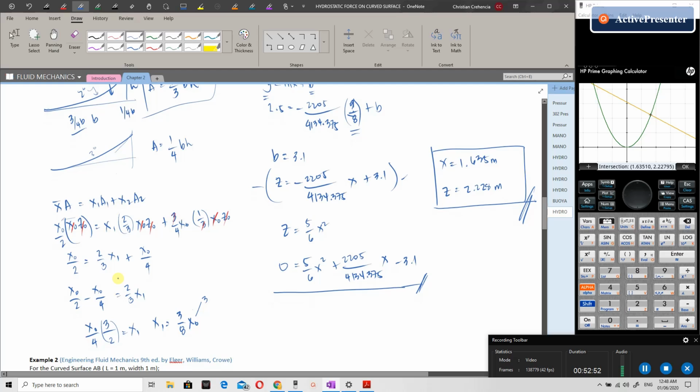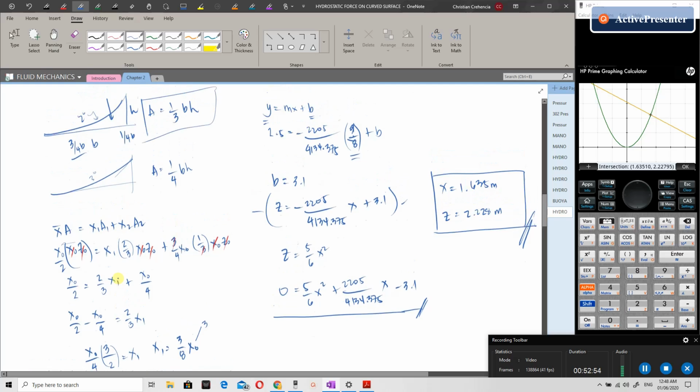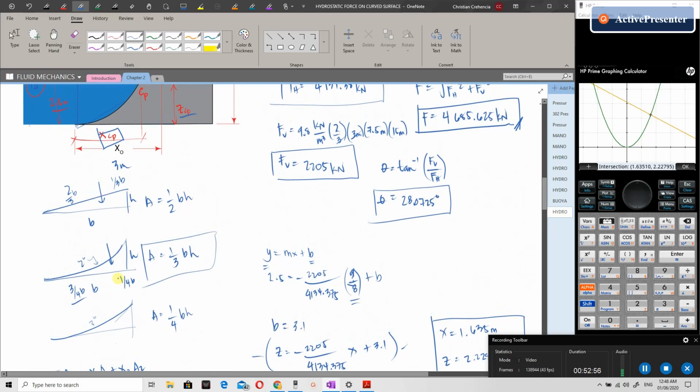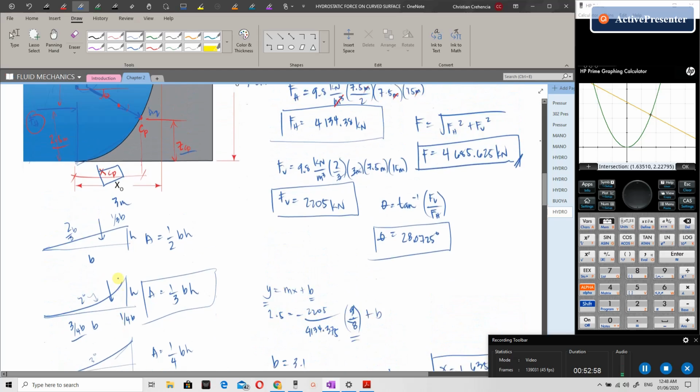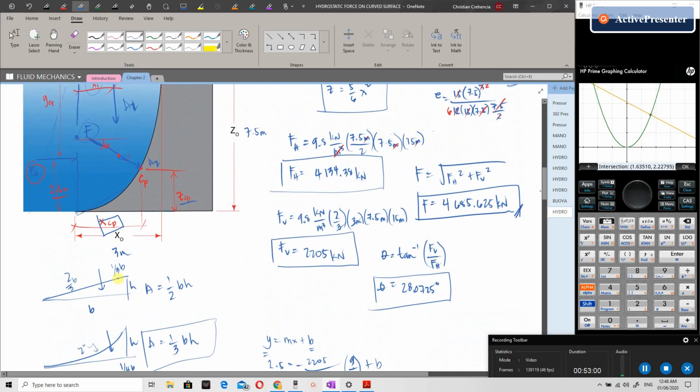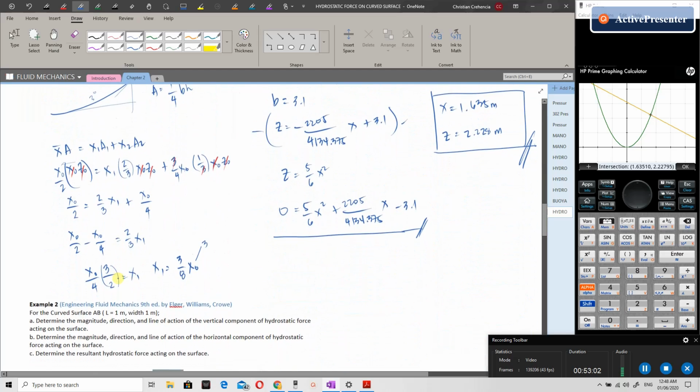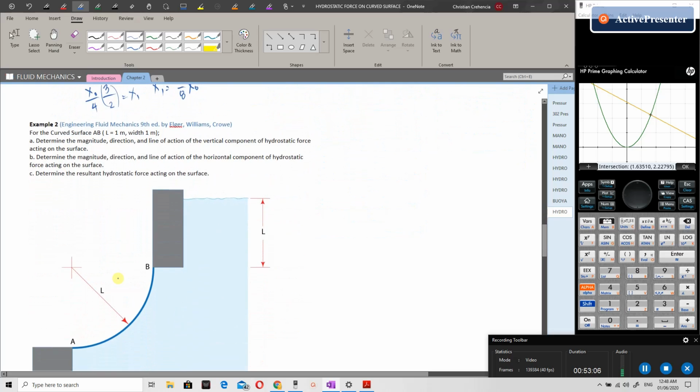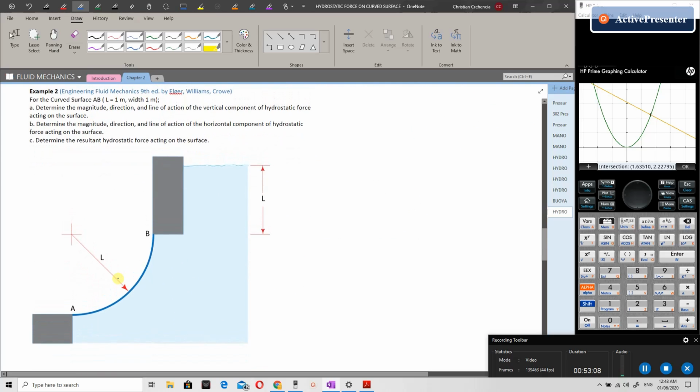Okay, so that is our first example para dito sa curved surface. So medyo challenging na to kasi parabolic yung ating curved surface or ating gate. So for the next video, our second example, so mas simple ng konti nun dahil we have here a curved circular. Okay? So circular yung curvature ng gate natin.